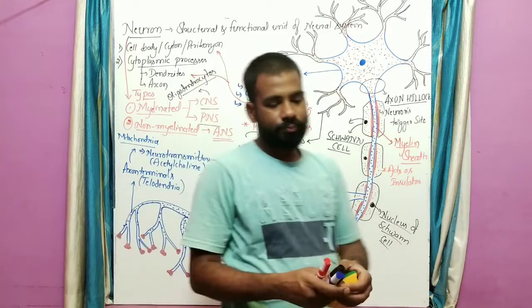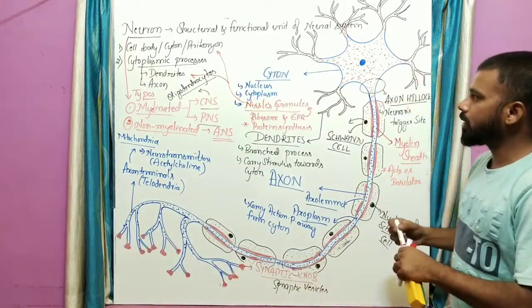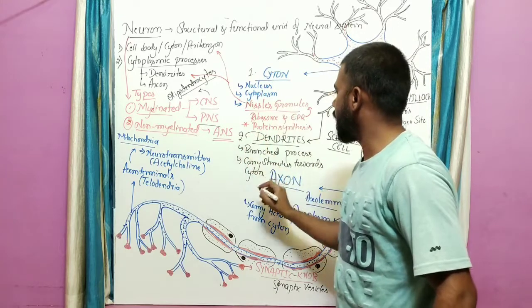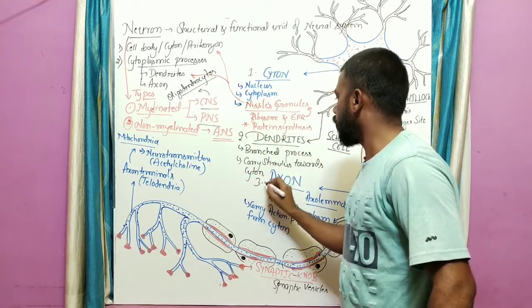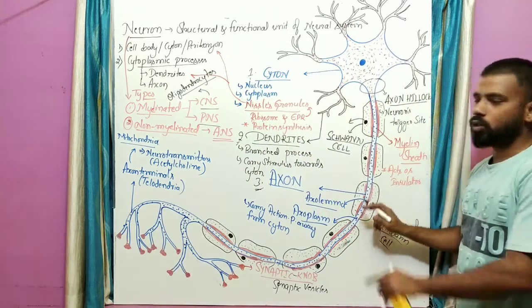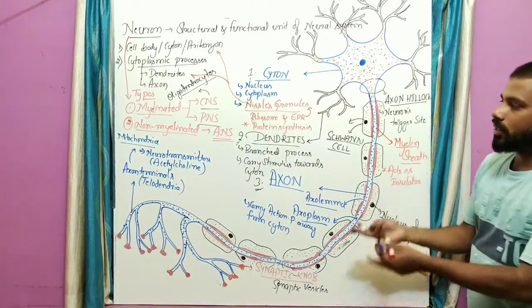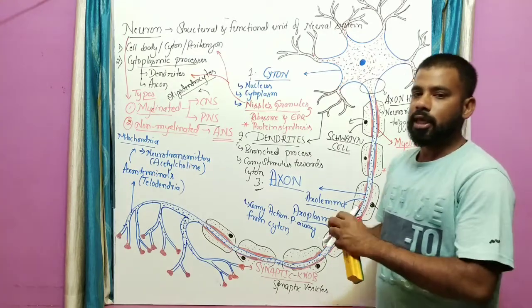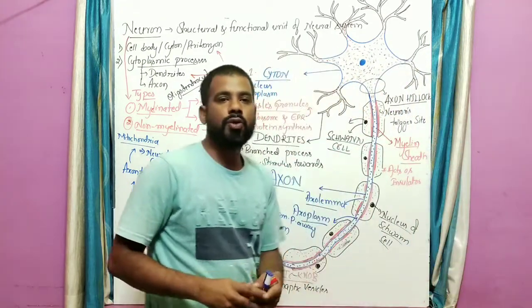So finally, the neuron has cyton, dendrite and axon, and if it is surrounded by myelin sheath, it is called myelinated. If the myelin sheath is absent, it is called a non-myelinated neuron. So this is about the structure of neuron.